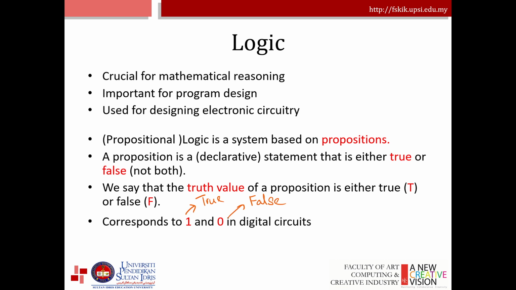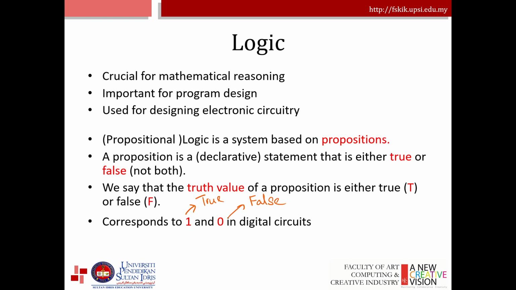We can say that the truth value of a proposition is either true or false. We can see here the corresponding one as a true value and zero as a false value in digital circuits. The rules are the syntax in programming.